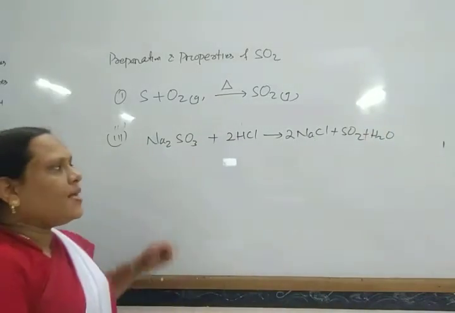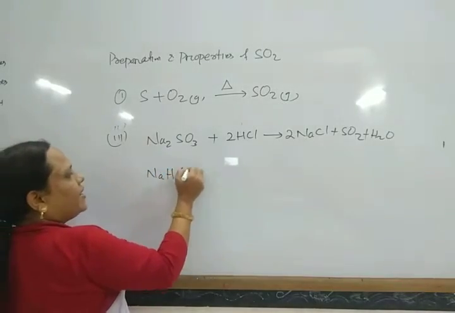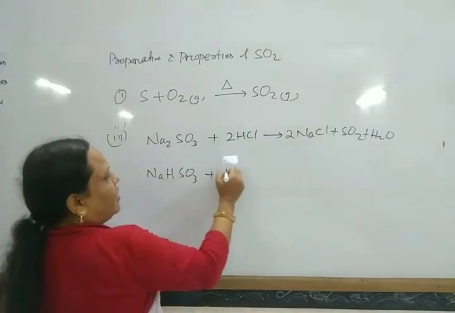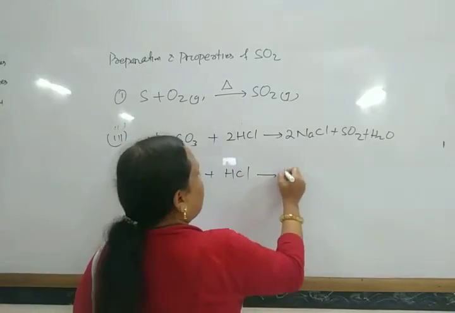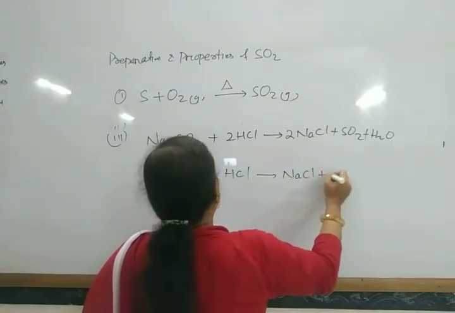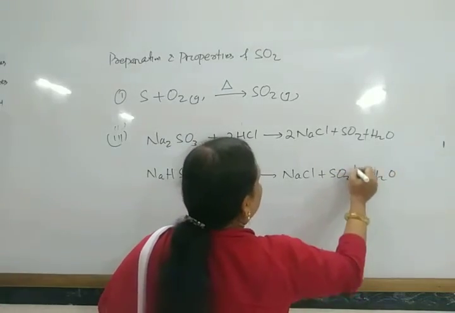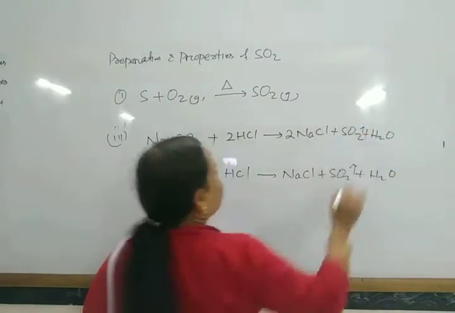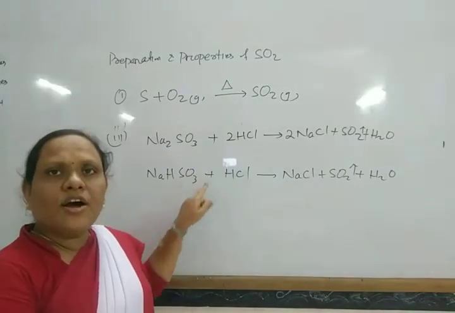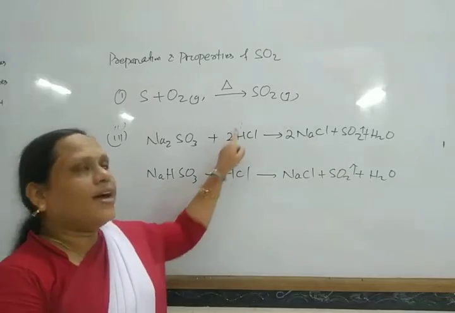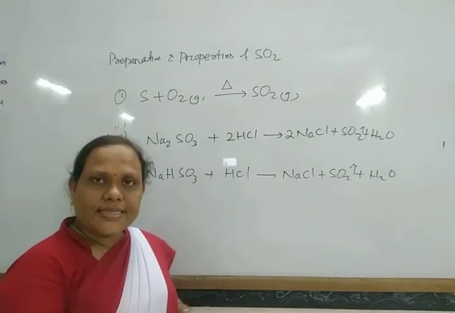So this is also prepared by treating bisulfite salts. When treated with hydrochloric acid, it forms NaCl plus SO2 plus H2O. So sulfur dioxide gas is also produced when sulfites or bisulfite salts are treated with dilute hydrochloric acid.